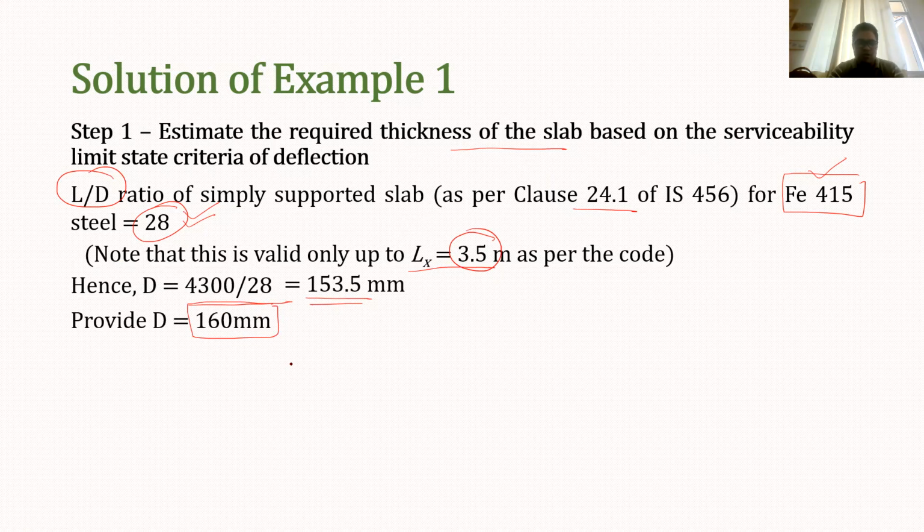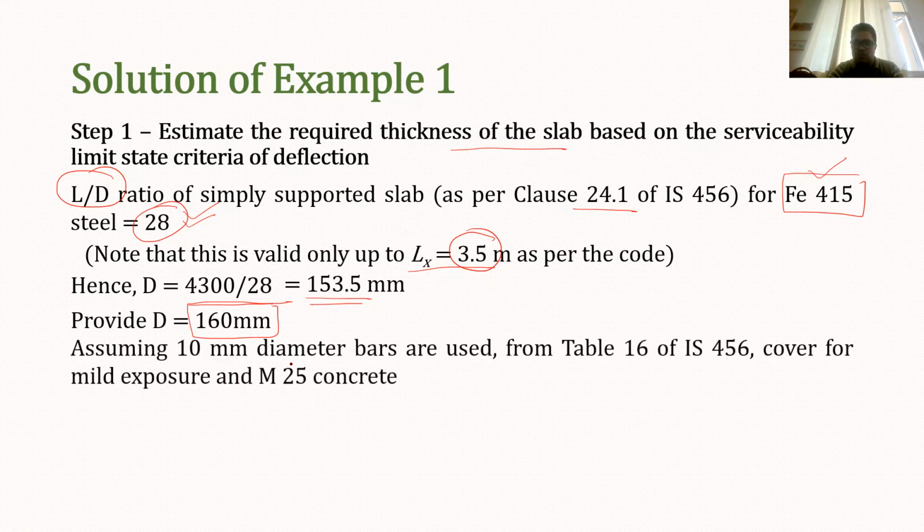Here now we will work out the effective depth along the shorter span and the effective depth along the longer span also. For effective depth, we also require the diameter of the bar. So say the diameter of bar is 10 mm, and Table 16 in the IS code is for the clear cover or the nominal cover.